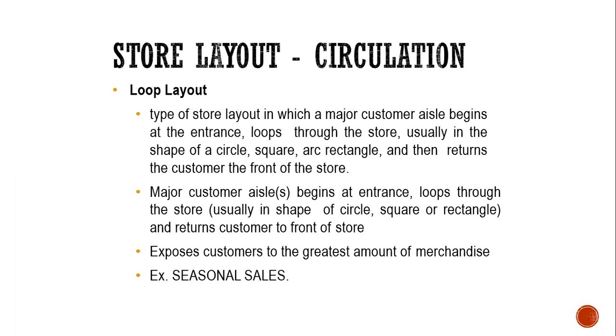Everything starts at the entrance. If it is a circle, you will come back like this. If it is a rectangle, you come like this again. This exposes the customer to the greatest amount of merchandise, and everything can be seen because to get out you have to come back through the loop.